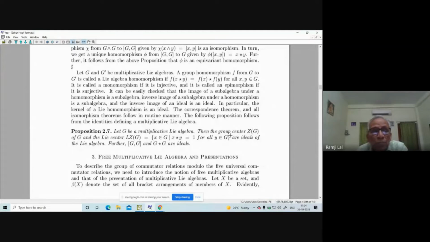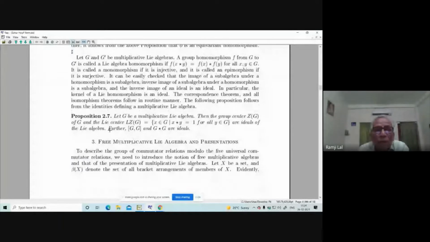It turns out that the center and the Lie center, which is the set of X belonging to G such that X star Y is trivial for all Y, are ideals. Ideals means they are Lie subalgebras, closed under the star product, and the condition that X star Y belongs to that set for all Y holds. So these are all ideals. It can be easily verified.